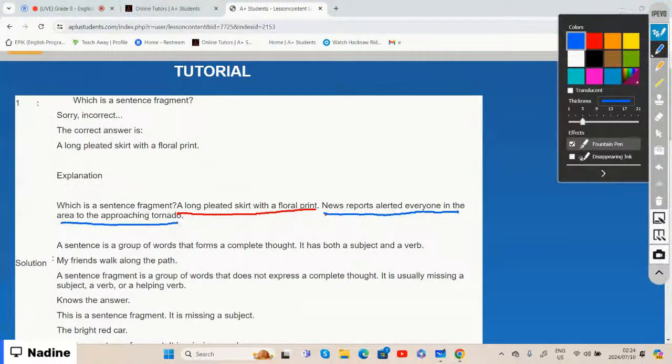We need to choose our sentence fragment. A sentence fragment does not express a complete thought. It's either missing a subject, it's missing a verb, or it's missing a helping verb.